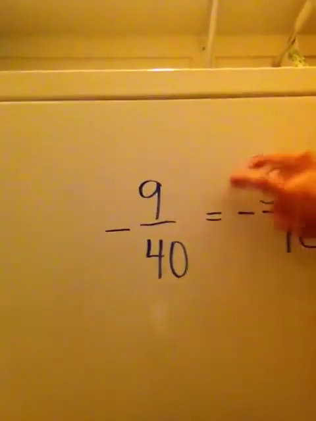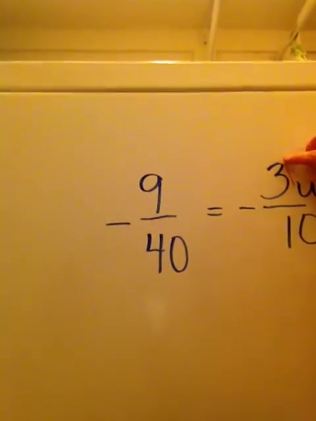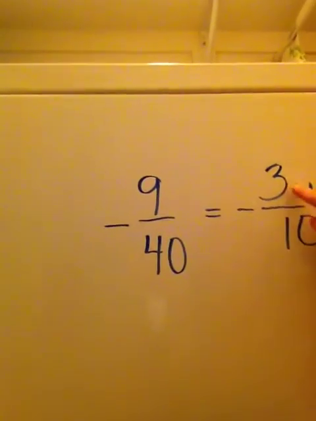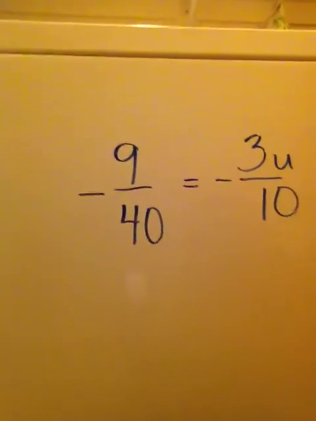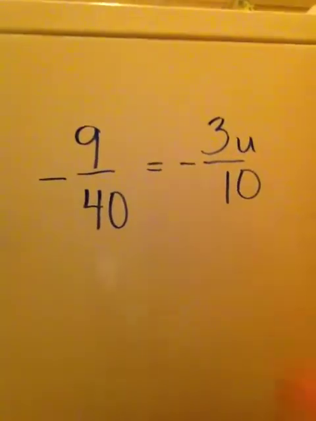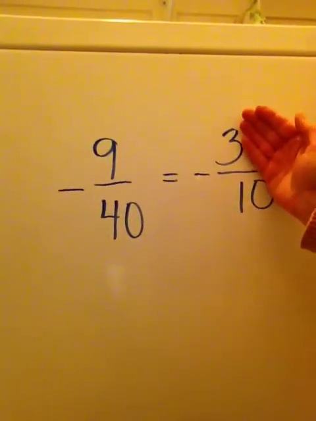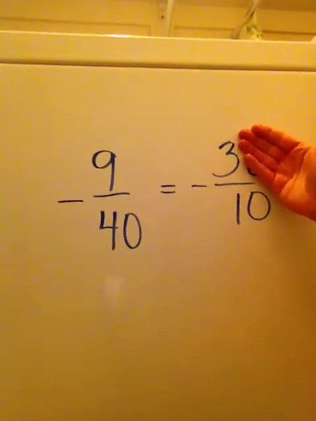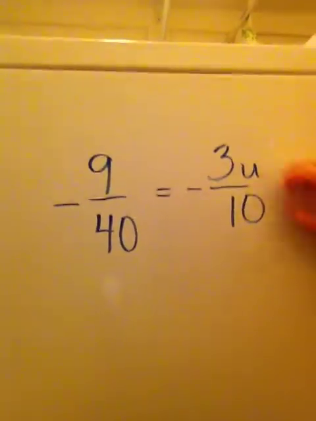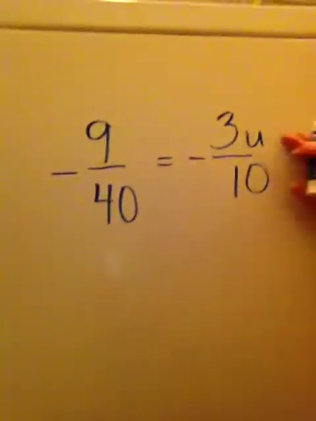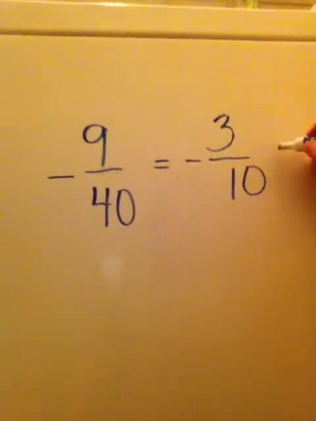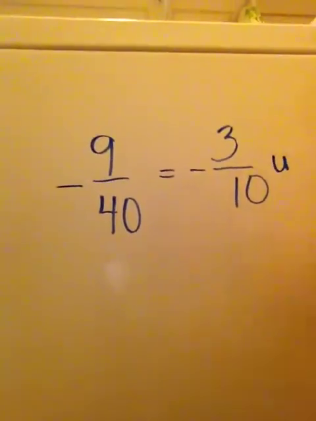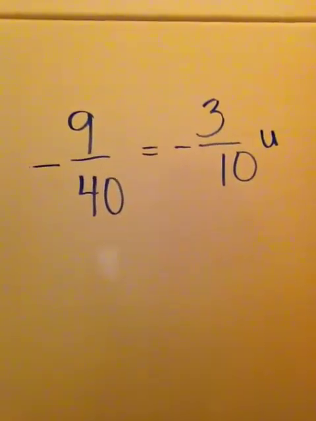Again, you can't just pull apart anything. It's when it's multiplying. So the 3 times the u, that's how I know that I can pull this away from the u. So I've got my 3/10. I'm going to pull it away from the u. And some people have a hard time visualizing it when it's still upstairs, so they just write it out to the side like that.